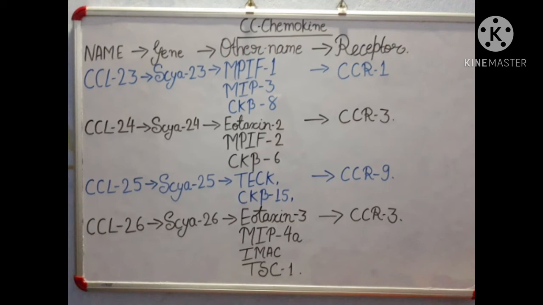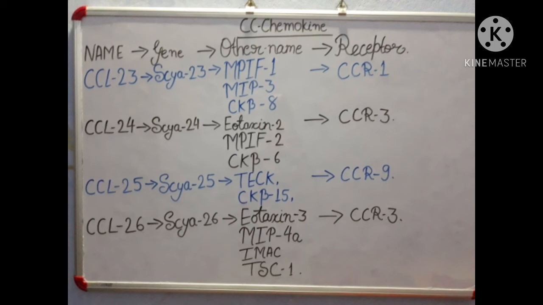Now CCL23 is encoded by the SCYA23 gene and it is also known as MPIF1, MIP3, CK beta 8. Its receptor is CCR1. CCL24 is encoded by gene SCYA24. Its other names are eotaxin 2, MPIF2, CK beta 6 and its receptor is CCR3.